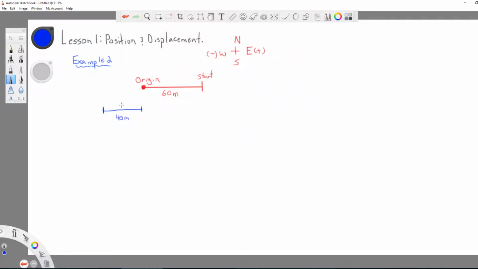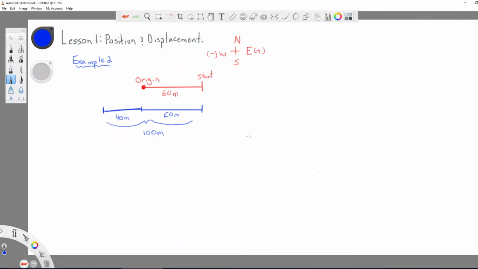To get there, we have to travel from our start location to that origin and then move past it another 40. So this is going to be 60 meters and 40 meters, and all together, we're going to be traveling 100 meters.